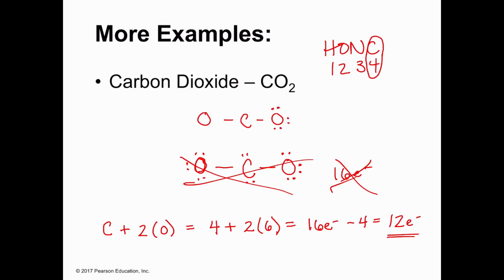So I put 6 more on that one, 6 more on that one, and my 12 has now been used up. Each of the oxygens right now has 8 valence electrons, which is lovely, but the carbon in the middle, poor carbon, only has 4, right? It has 2 from each of the bonds. So this is not a good Lewis structure because carbon's octet is not satisfied.